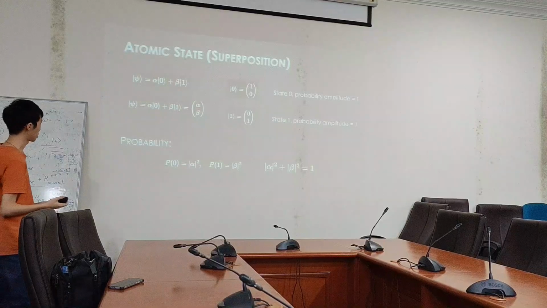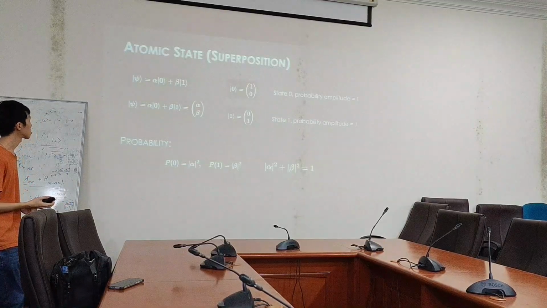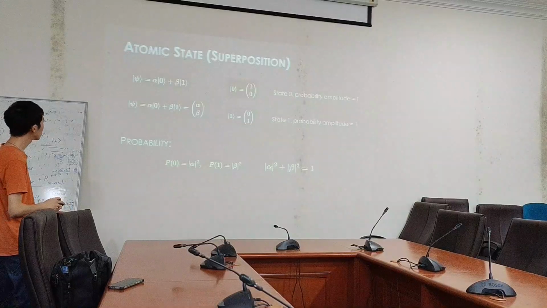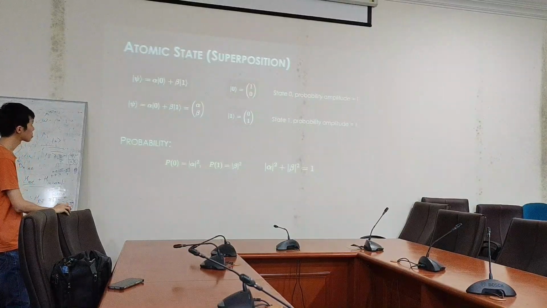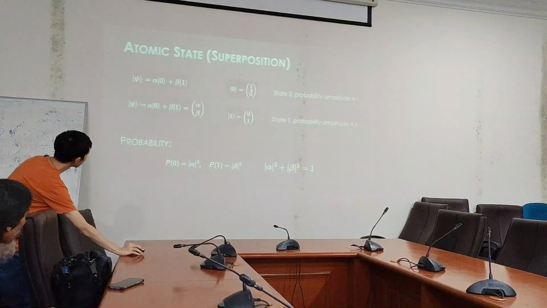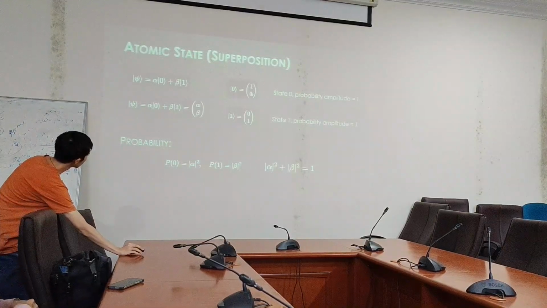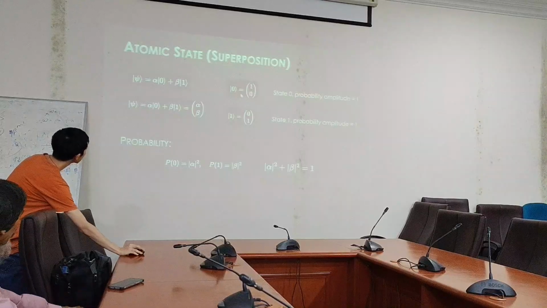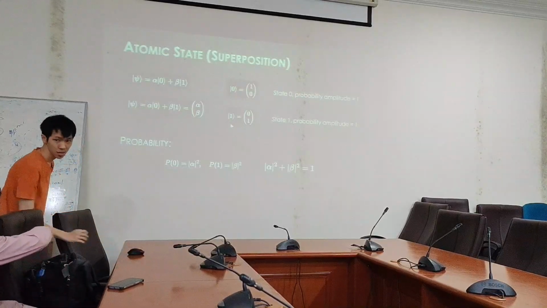Here is an example of the state. For example, for state 0, the first place represents state 0, so we put 1 in this matrix.